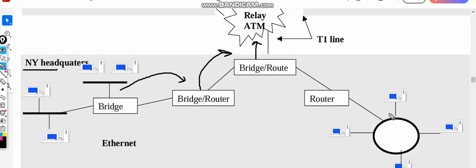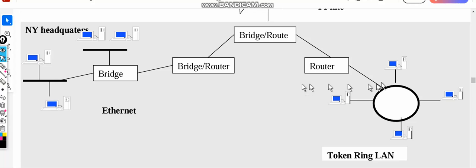There is one token ring LAN here and one Ethernet here. In New York headquarters, both are there. There are two different networks here, Ethernet and token ring LAN.